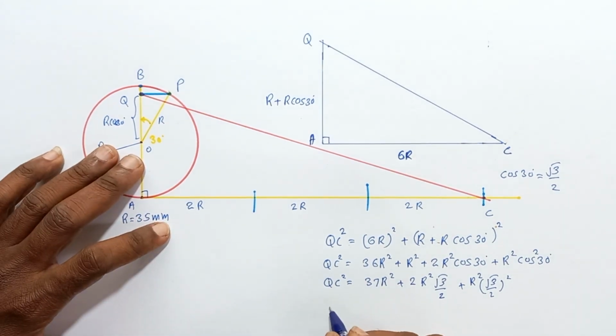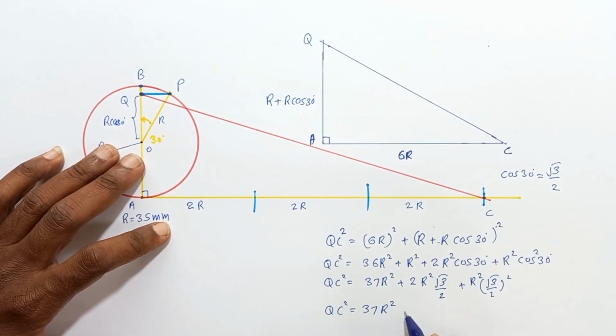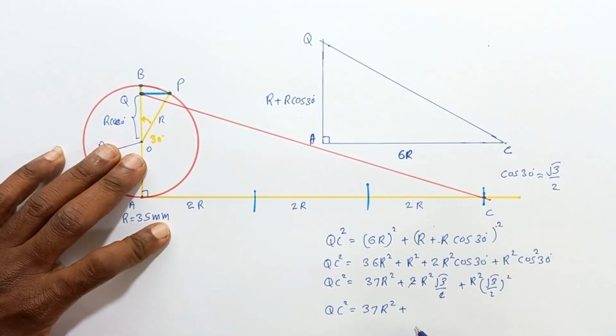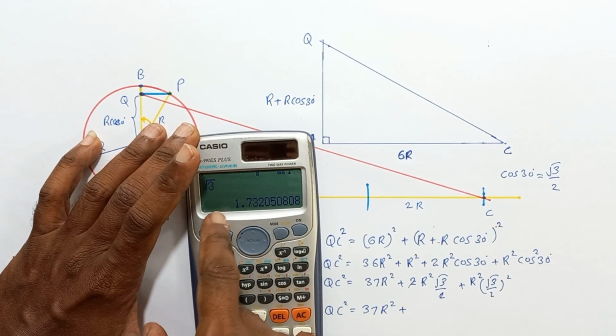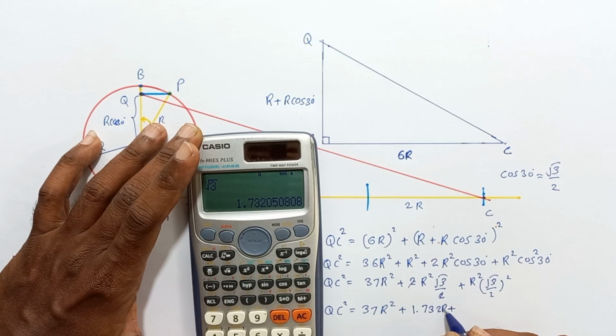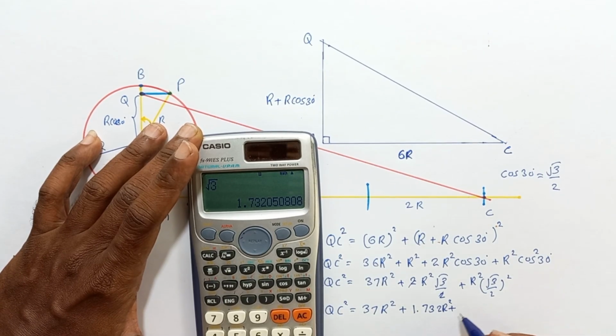Then we can further simplify this one. QC square is equal to 37 r square plus, for the square root of 3 I am going to put 1.732, plus r square times 3 divided by 4, 0.75 into r square.